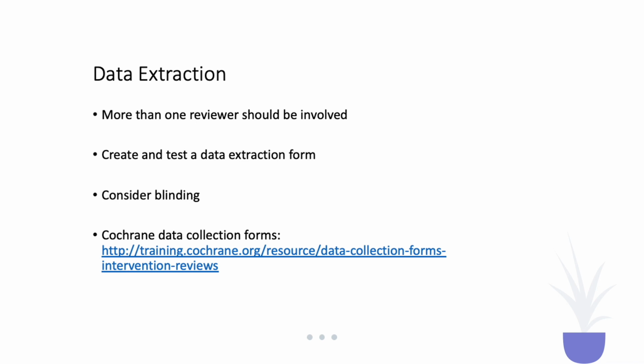Now comes data extraction. Data screening and data extraction are two of the major steps in conducting a systematic review. The data extraction form should be used to help reduce the number of errors, and more than one person should record the data.